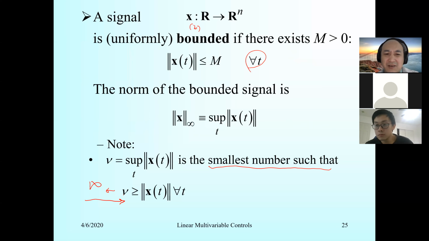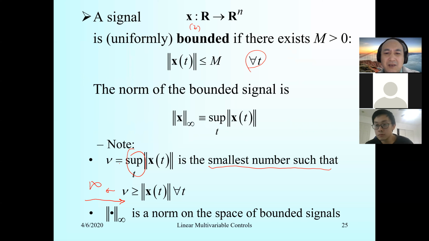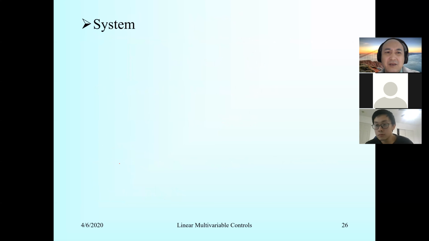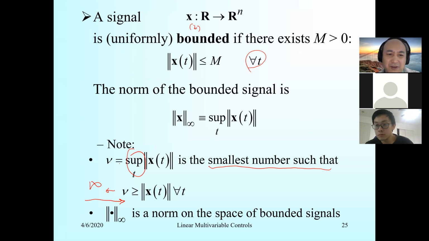Nu is the upper bound of X of T for all T. That's called a supremum. It's a minimum upper bound, okay? The infinity norm is a norm on the space of bounded signals.